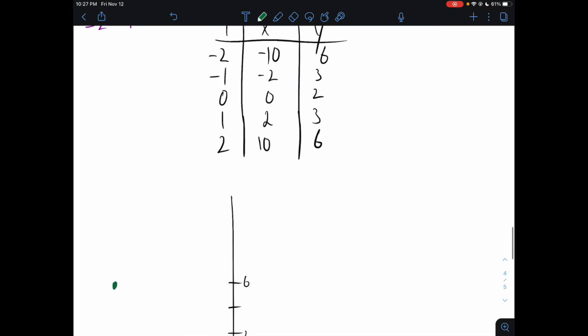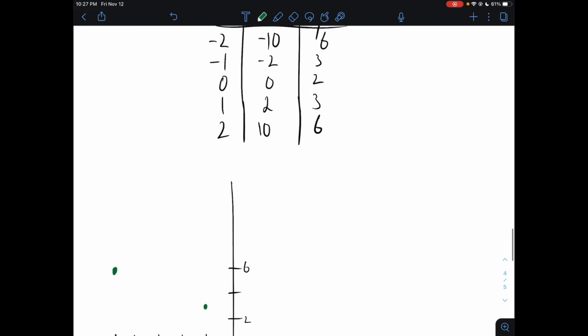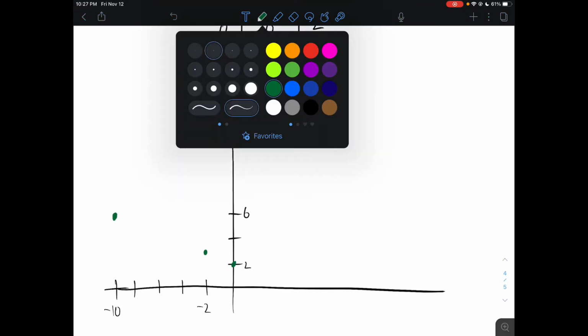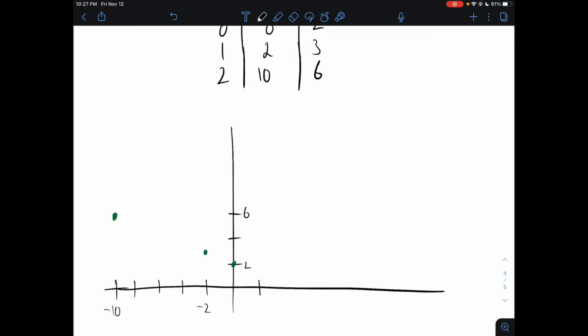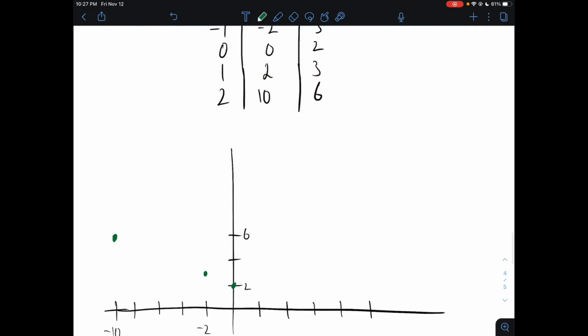And then -2 comma 3, about there. 0 comma 2. And then we just go back onto the right side of the y-axis. We get a point at 2 comma 3, and then 10 comma 6.